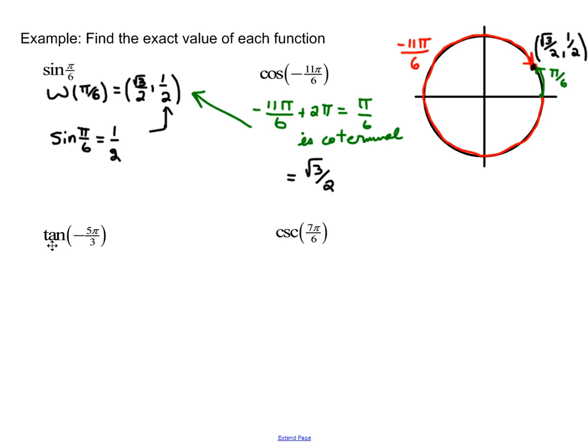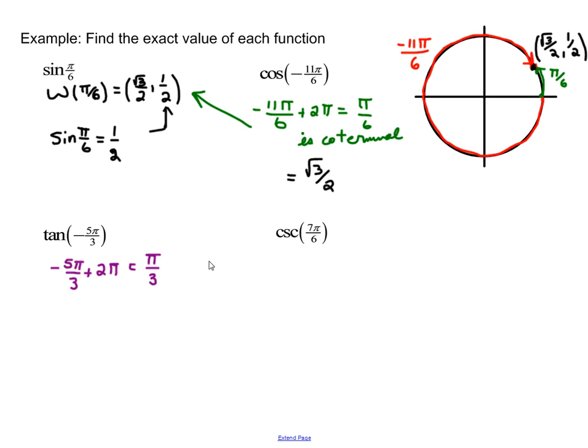All right, so let's take on ones that aren't as easily identified. What about negative 5 pi over 3? Well, again, I think the best way to do this is to take our angle and find a coterminal angle between 0 and 2 pi and figure out what that is. Negative 5 pi over 3, if we added 2 pi to this angle, is going to be, let's see, this is 6 pi over 3, so this is actually pi over 3.